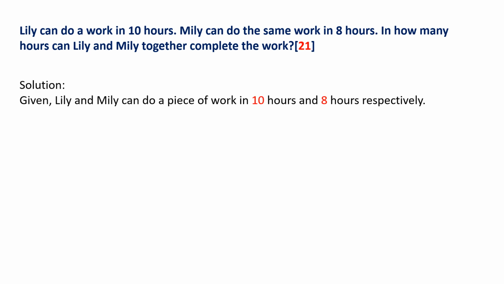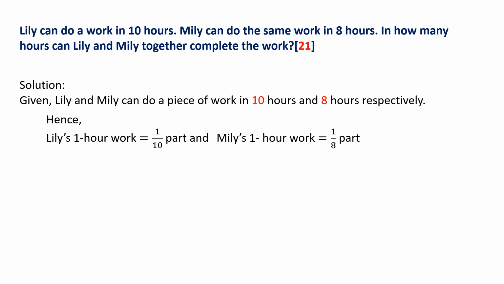You can see that Lily and Millie can do a piece of work in 10 hours and 8 hours respectively. So Lily's 1 hour work is 1 divided by 10 part, and Millie, in 8 hours she can do one part, so in 1 hour she can do 1 by 8 part.